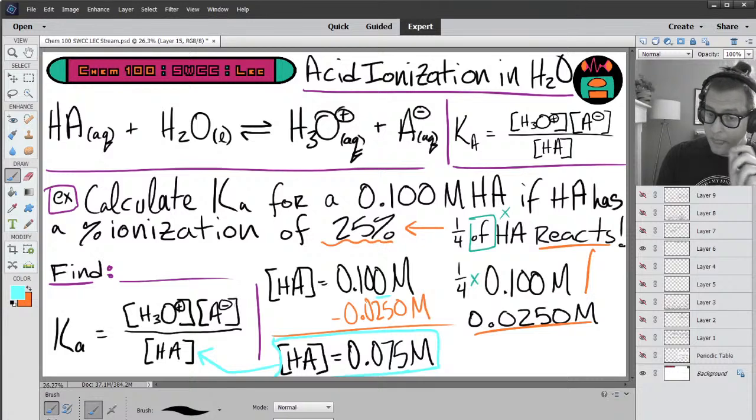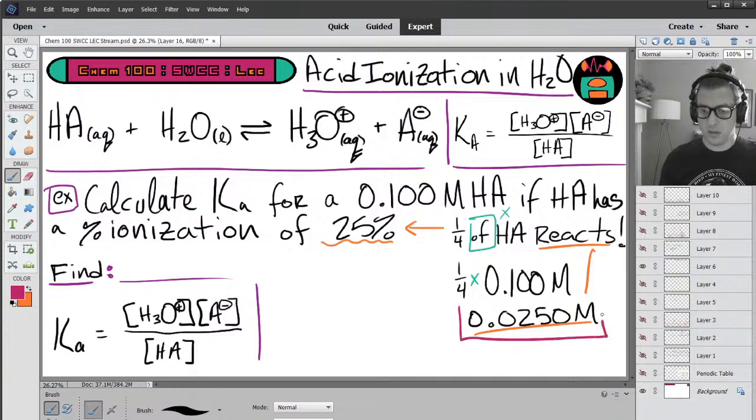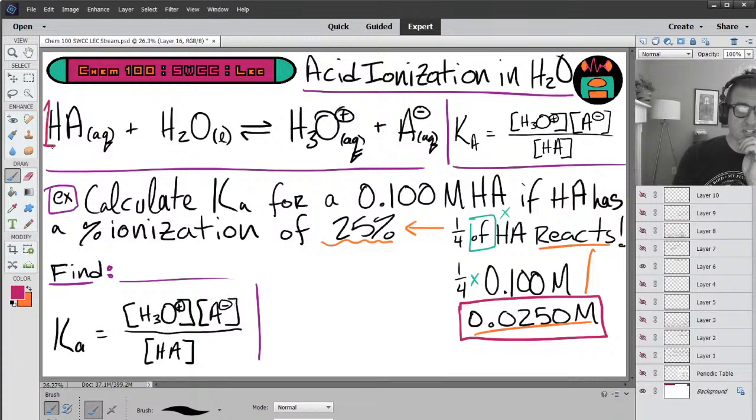But now, what about the concentration of hydronium? Well, this is also going to come from the amount of HA that reacts away, because 1 mole of HA produces 1 mole of hydronium.